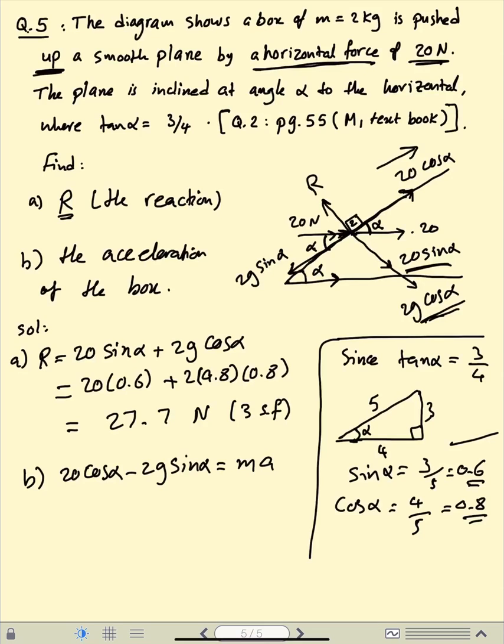Some students say that writing everything with cosine alpha is wasting time. You are not wasting time, my dear students. Don't believe this. It's 10 to 15 seconds of writing and it will help you. Write it with the symbols, then you substitute: 20 times 0.8 minus 2 times 9.8 times 0.6 is equal to 2a. Then you calculate.